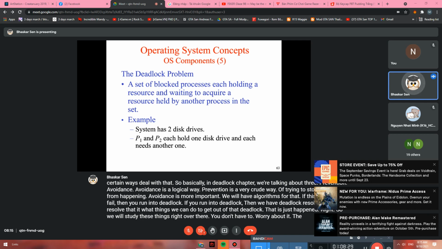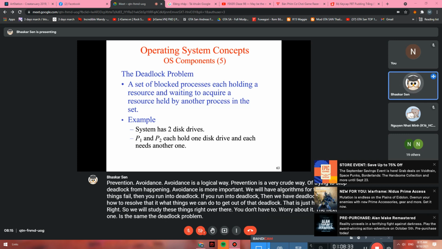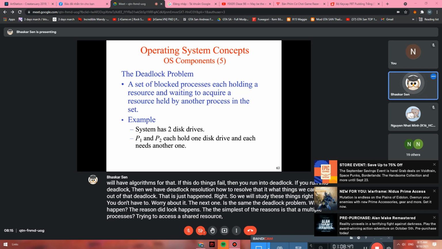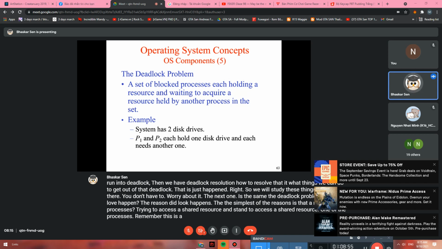The next one is the deadlock problem. Why does deadlock happen? The simplest reason is that multiple processes are trying to access a shared resource. Remember, this is a Unix scenario inside your computer.